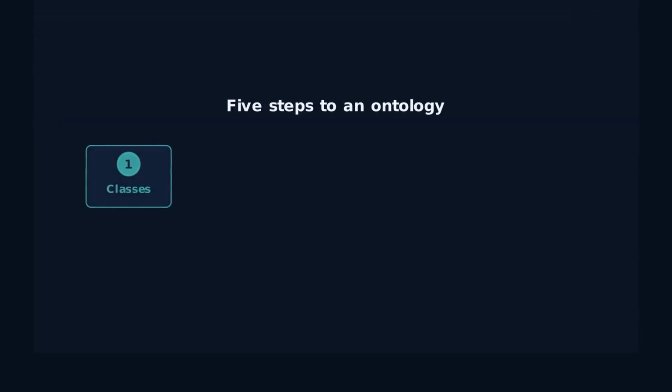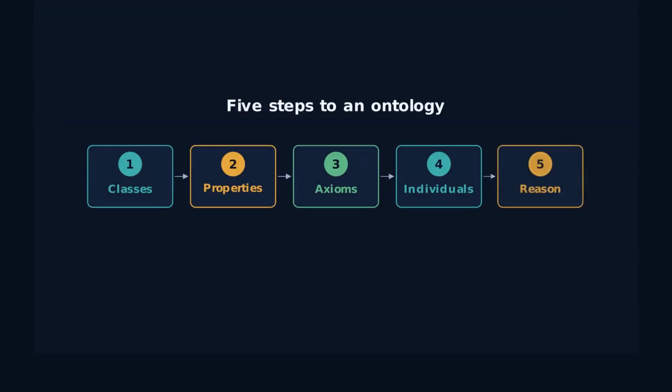Which brings us to building, and the first path is the careful, handcrafted one, in Protégé. It follows 5 clear steps, and they are genuinely worth memorizing, because they are the natural order of ontology design itself. Step 1, define your classes, the kinds of thing in your domain. Step 2, define your properties, how those things relate to one another.